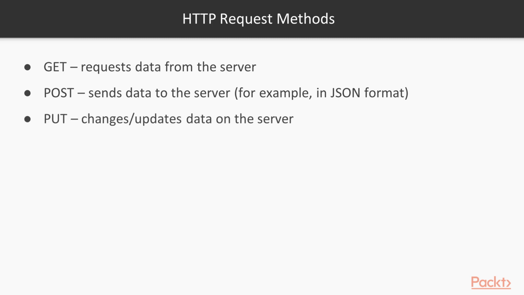Then there is PUT or PATCH, which is used for changing or updating data on the server. And DELETE is used for deleting data from the server. There are some more request methods which we are not going to cover in this video, but we are going to be fine using the ones mentioned here.